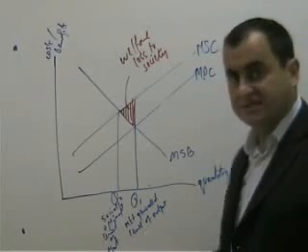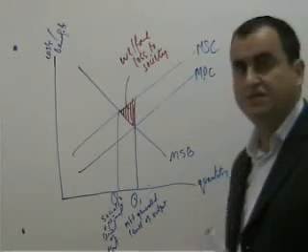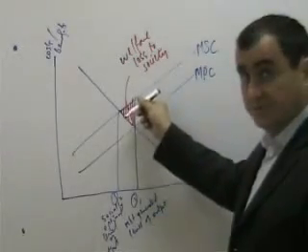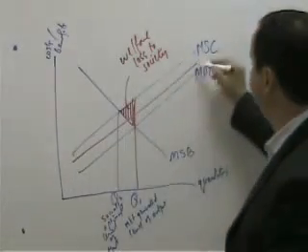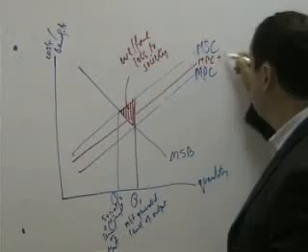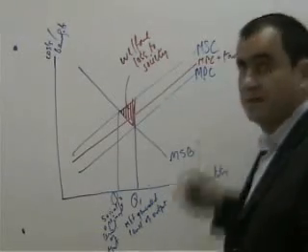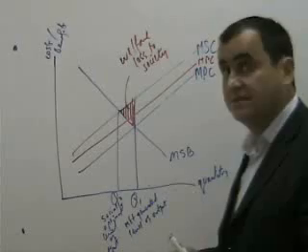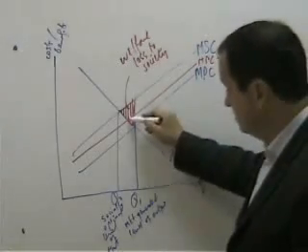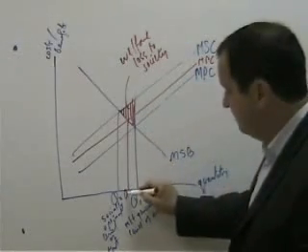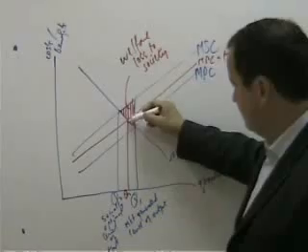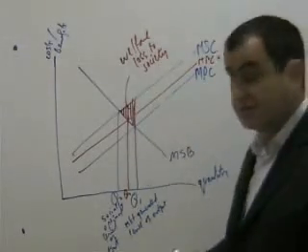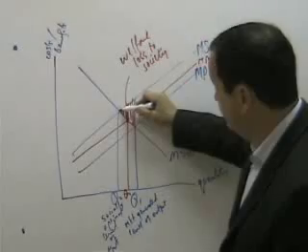Perhaps systems like taxation or the extension of property rights, which adds to the private costs of the polluter and shifts the MPC curve plus tax upwards, can actually help alleviate the problem and correct the market failure, because this generates a new output level and reduces the size of the welfare loss, which I will shade in blue.